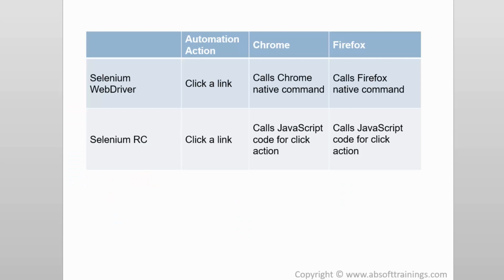Going further, let's see the difference between Selenium RC and Selenium WebDriver. Let's say you want to perform a click operation, automating clicking a link. When you use Selenium WebDriver and perform the click operation, it is going to call the internal Chrome command for click.